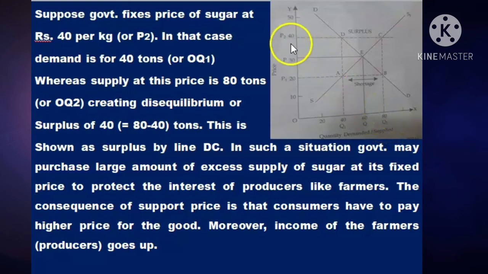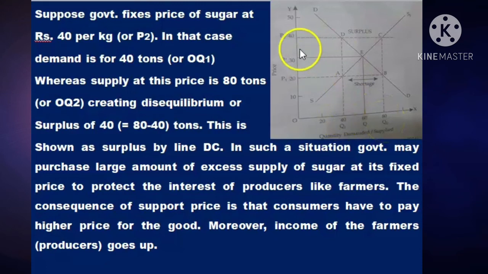So at the present price of 40, which has been fixed by the government above the equilibrium point E, at first it was 30, then the government thought of the producer side and fixed the price at 40. At this level, the producer is ready to supply 80, but the demand is decreasing.